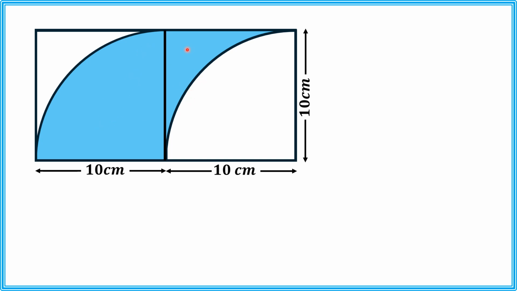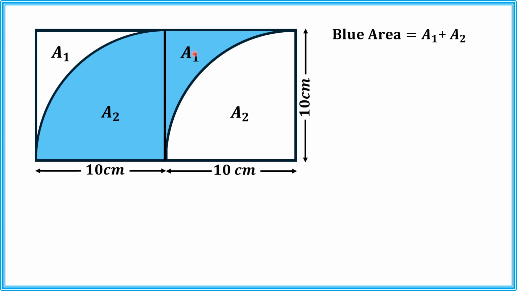So if we call this particular portion of area which is blue A1 and this particular area A2, then by symmetry of the figure this white area is A1 and this blue area is equal to A2. So from here we can see that the blue shaded area is equal to A1 plus A2.